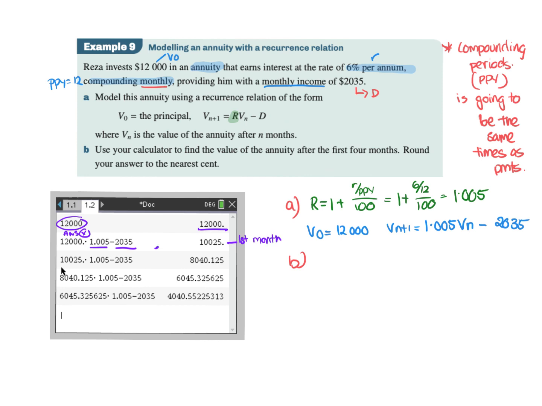Then I just keep pressing enter, and I get the next one, and the next one. So just keep pressing enter: second, third, and fourth. So I can just read off the calculator. V4 was $4,040.55.